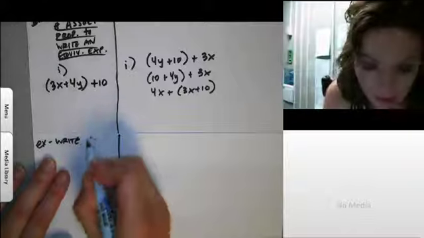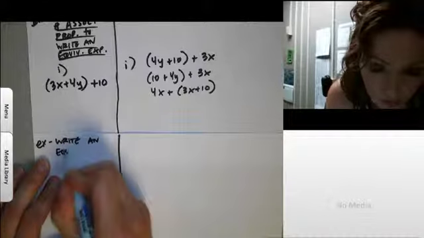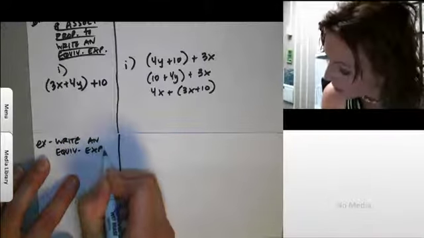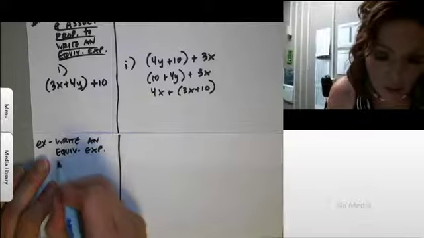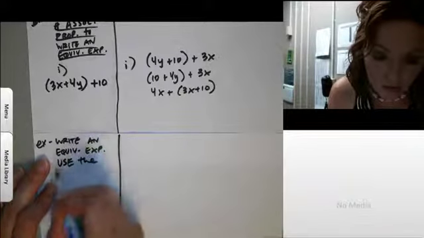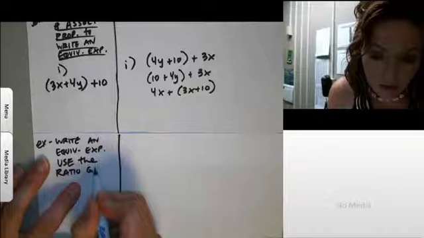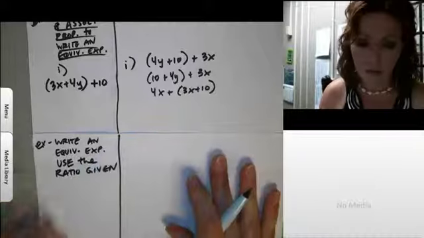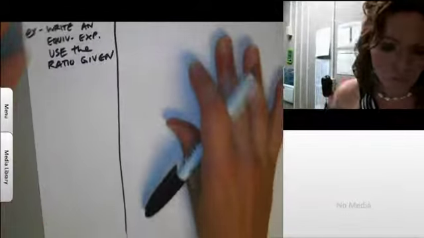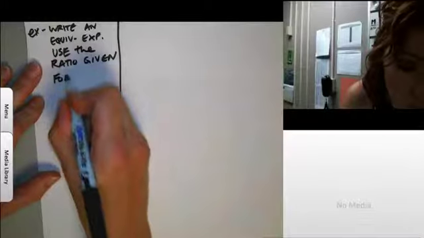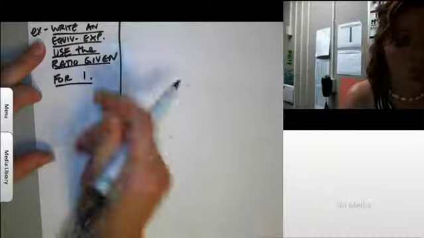All right, so write an equivalent expression. Use the ratio given for 1. Okay, so that's the number 1, not an I or an L or something.